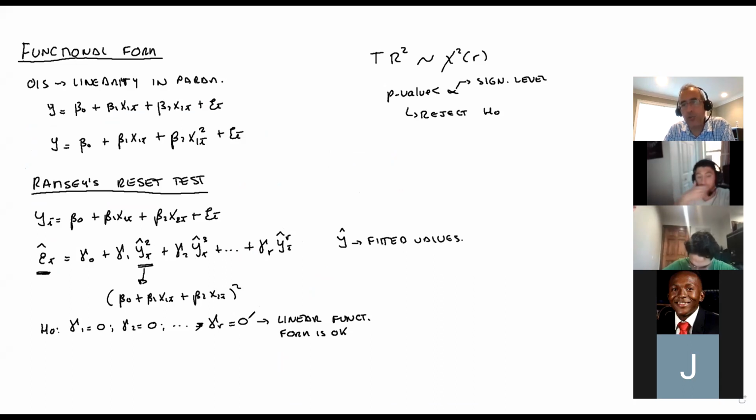So basically, guys, what we have done is, as soon as my p-value was larger than my significance level, I failed to reject this null hypothesis. And failing to reject this null hypothesis is basically assuming that gamma 1 is 0, gamma 2 is 0, gamma r is 0. So basically what we're saying is that our linear functional form is okay.